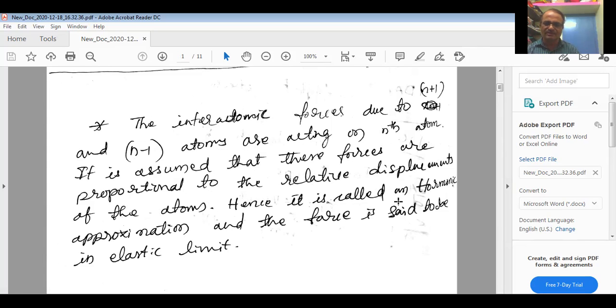Hence, it is called an harmonic approximation, and the force is said to be in elastic limit. So it is assumed that these forces are proportional to the relative displacement. That means you are in the elastic limit. Hooke's law. We can say that these vibrations are obeying Hooke's law. So that is the meaning.